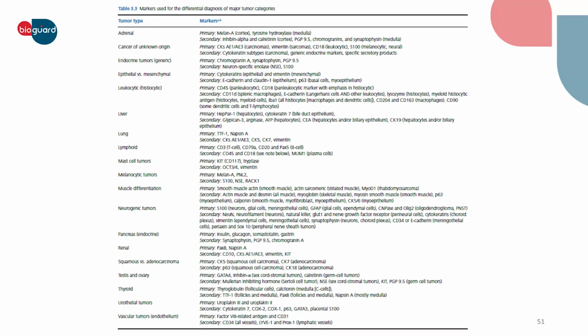We look at the pattern, like nuclear, cytoplasmic, or membranous, histology, and clinical info together. IHC helps us identify tumor origin, distinguish benign or malignant, and sometimes even predict treatment response. So IHC isn't just about staining, it's a powerful diagnostic tool that supports better decisions in pathology.